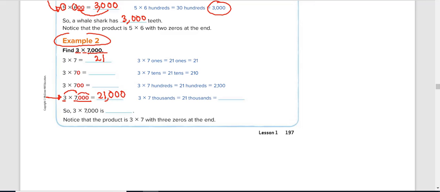And that is it. So the breakdown: 3 times 70, 3 times 7 is 21 with 1 zero. 3 times 700, 21 with 2 zeros, 2100. So this is what we have, 21,000. Very easy.